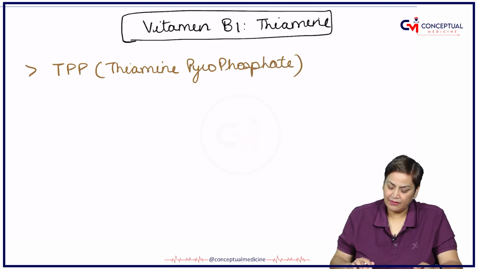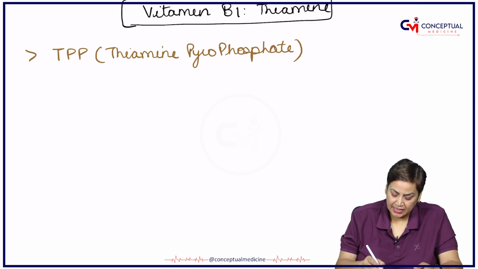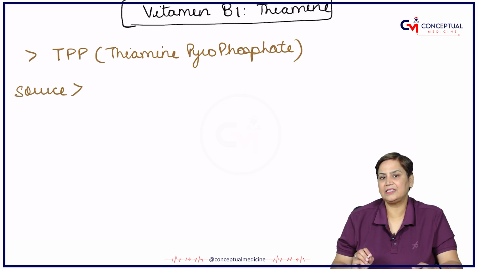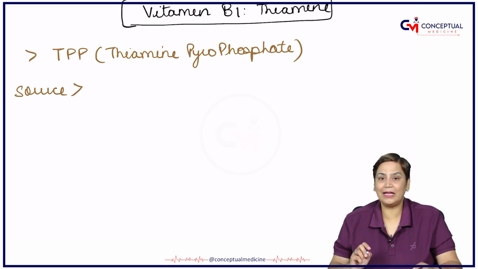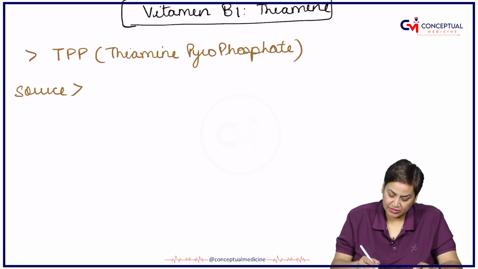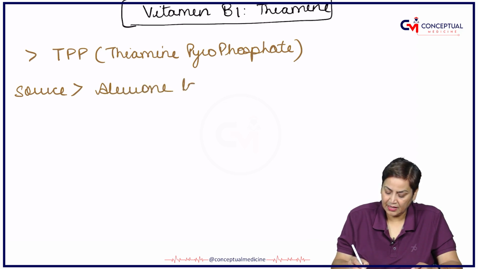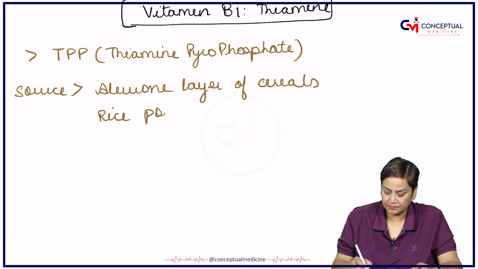If we talk about the sources, the source of thiamine is the aleuron layer, or you can say the polishings of the rice. The richest source is the aleuron layer of the cereals and the rice polishings.